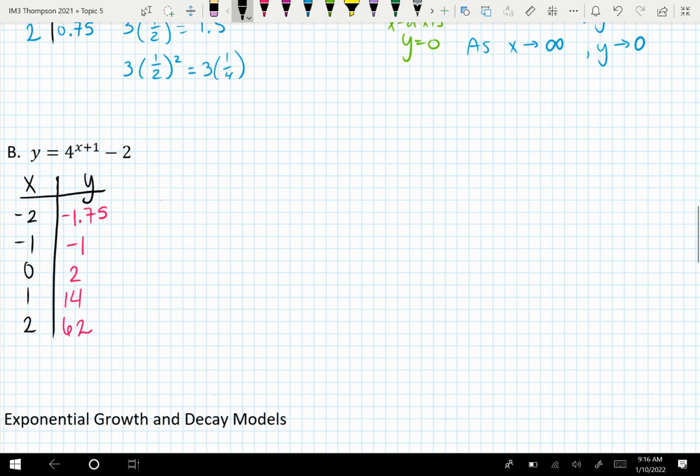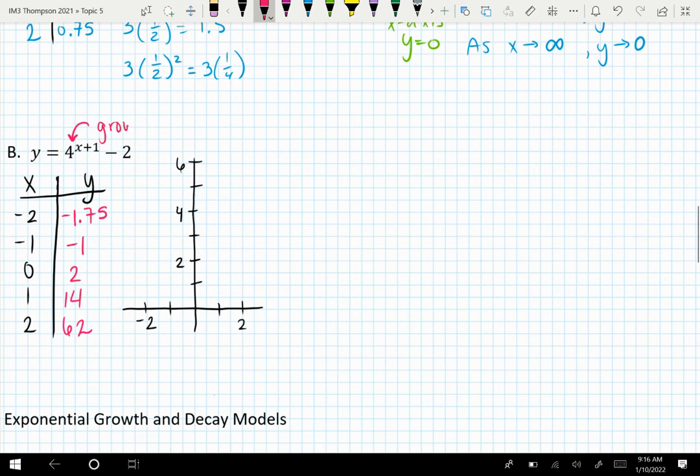That's way too big. I know because I have a b value of 4, I have a base of 4.